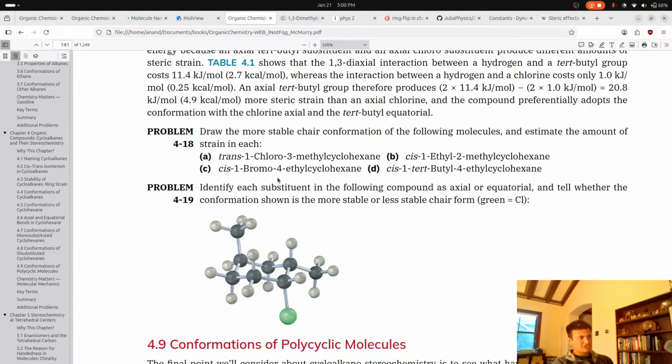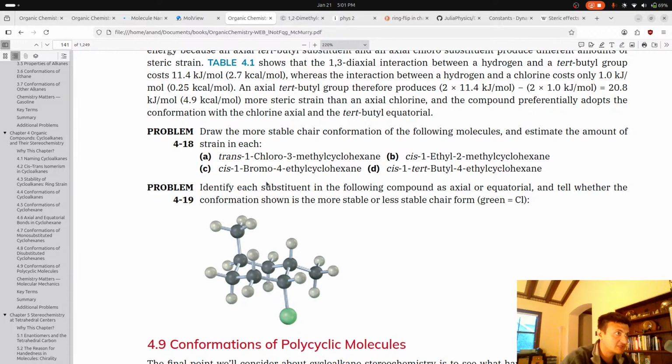Draw the more stable chair conformation of the following molecules and estimate the amount of strain in each. All right, trans. Okay, so it's a 3. So if you have a 1 and a 3, this is either going to be an AE or an EA, right? So those are the two options. So this is 1 and this is 3.